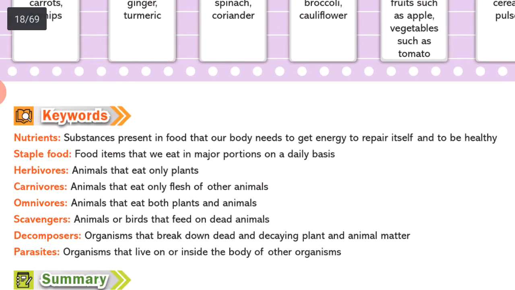Staple food items are those that we eat in major portion on a daily basis, for example chapati. Herbivores are animals that eat only plants. Carnivores eat only the flesh of other animals. Omnivores eat both plants and animals.